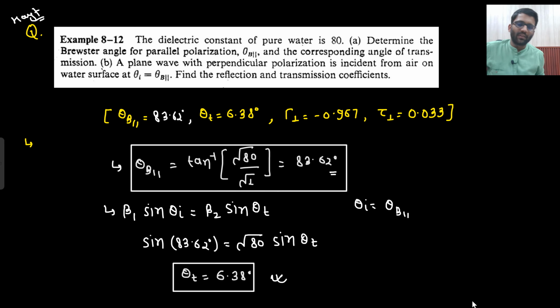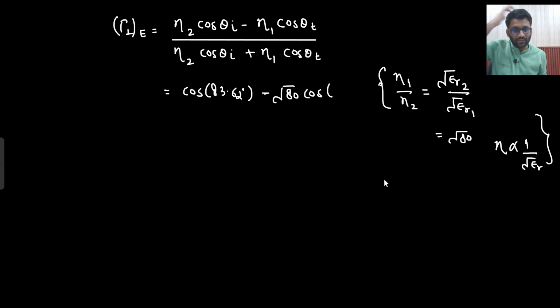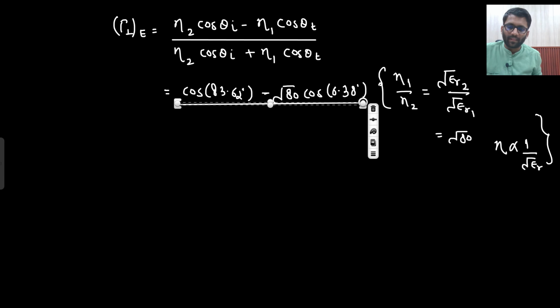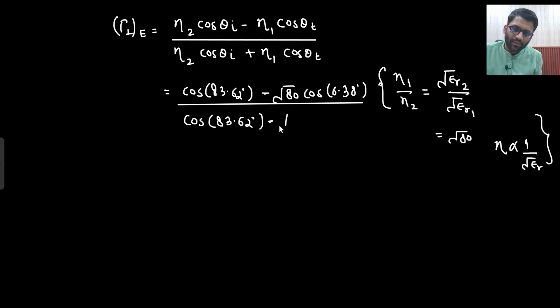into cos theta t. What is cos theta t? Theta t is 6.38 degree. Here plus would come cos 6.38 degree. Is that clear to you? Yes. So let's find out the answer.